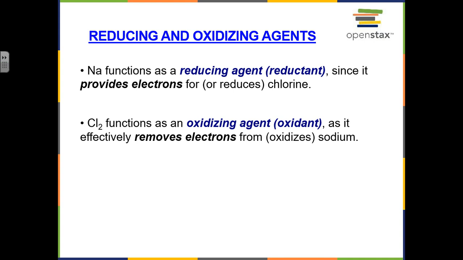Alternatively, chlorine functions as an oxidizing agent because it effectively removes electrons from the sodium. Remember, the chlorine goes through reduction, and because of that it acts as an oxidizing agent. It makes it possible for sodium to be oxidized.